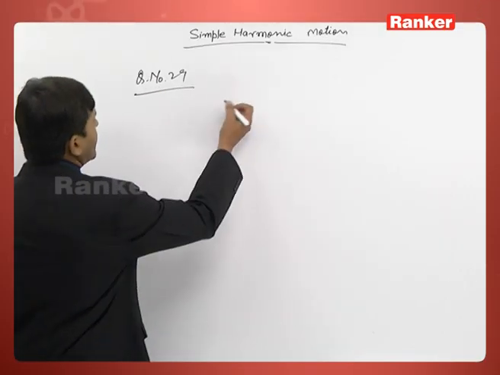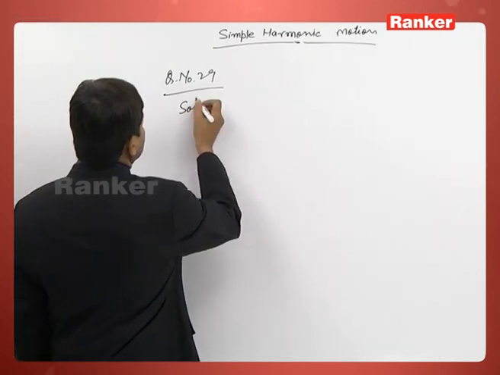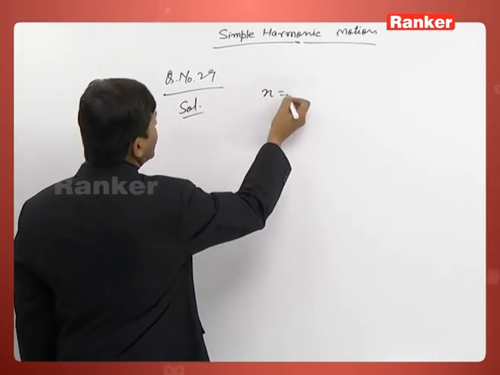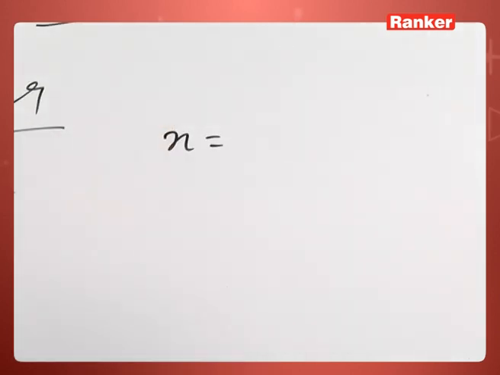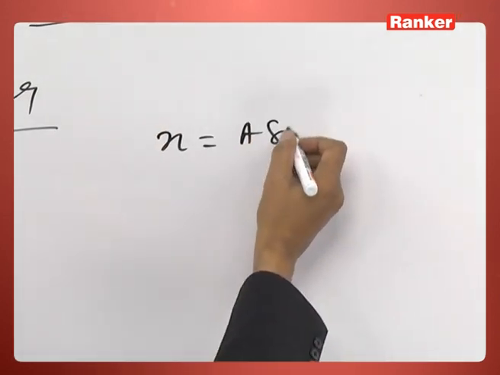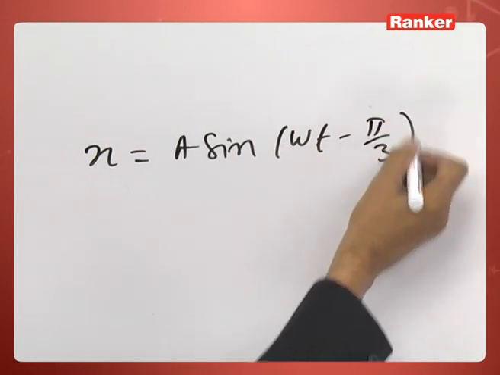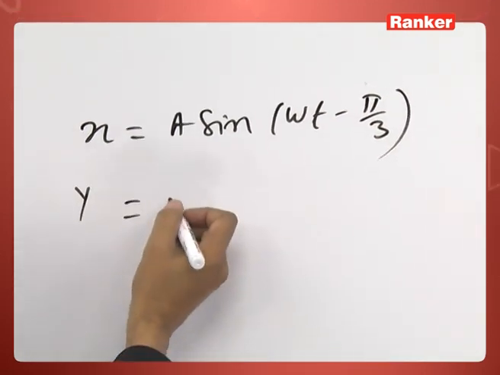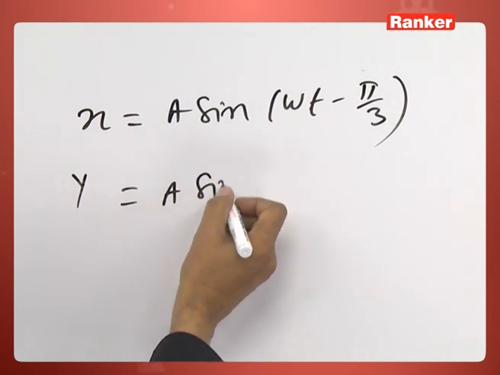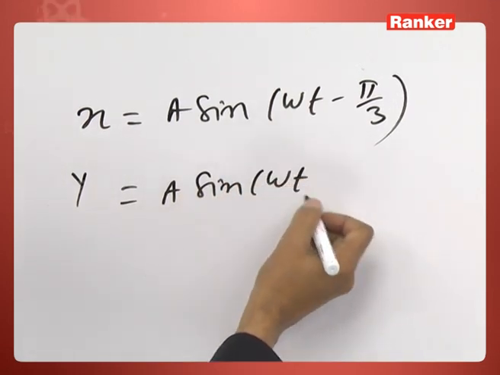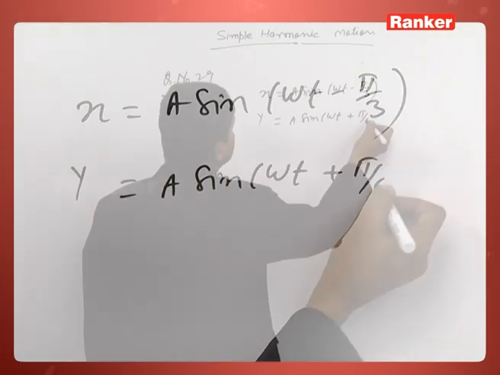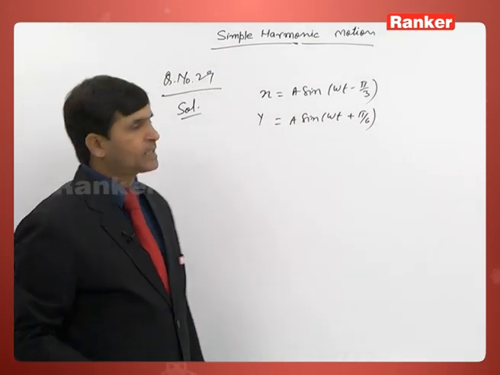Now see, as per the given equation, x is equal to a sin of omega t minus pi by 3, while y is equal to a sin of omega t plus pi by 6.